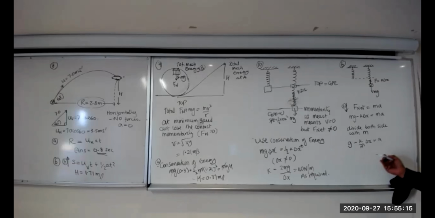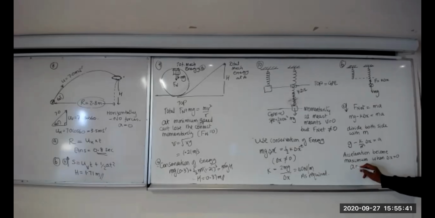Then you can say that the acceleration becomes maximum. You can plot a graph as well. When delta x equals 0, that means the acceleration becomes 9.8.